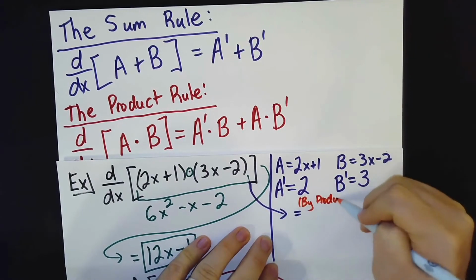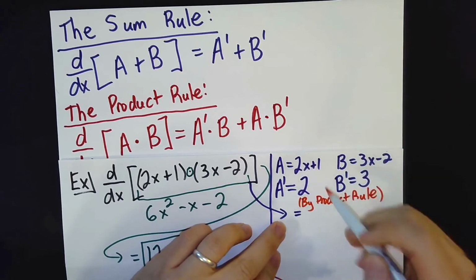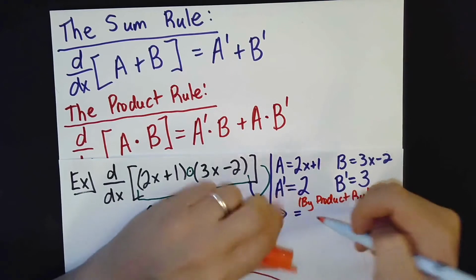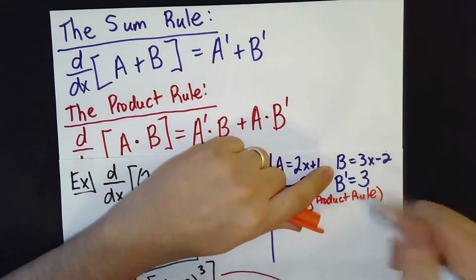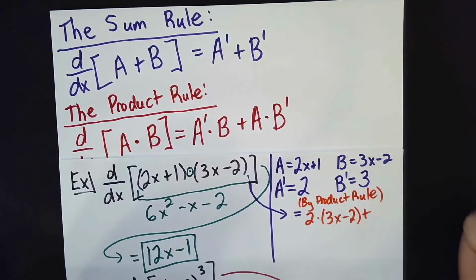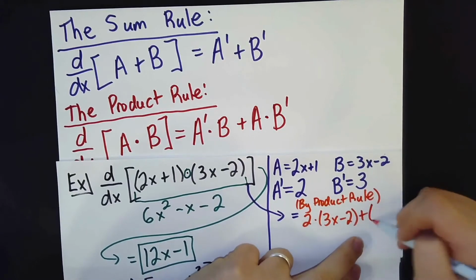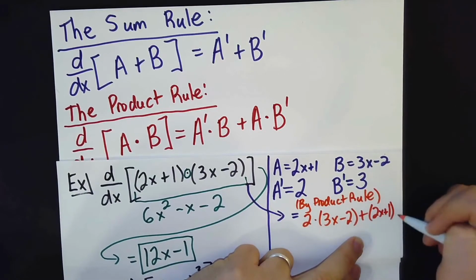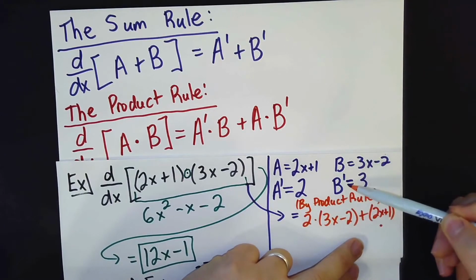if I apply the product rule, what I'm supposed to get here is the derivative of A, which is 2, times B, which is 3x minus 2, plus A, which is 2x plus 1, times the derivative of B, which is 3.